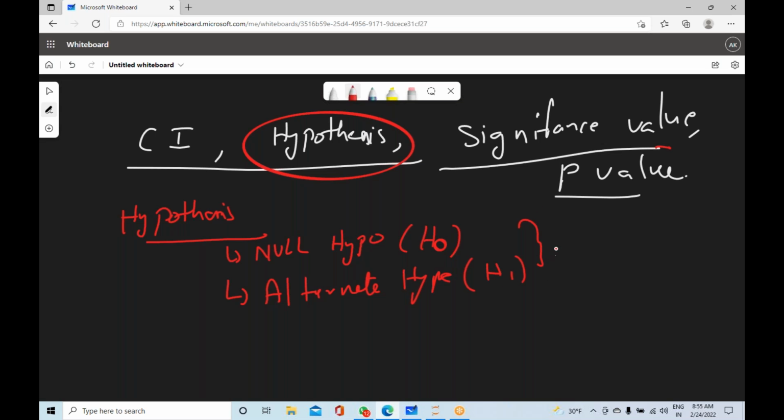Both are quite opposite. If H0 is accepted, H1 is rejected. If H0 is rejected, H1 is accepted. That is the difference between the null hypothesis and alternate hypothesis.